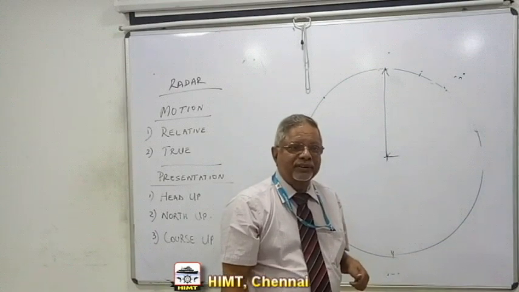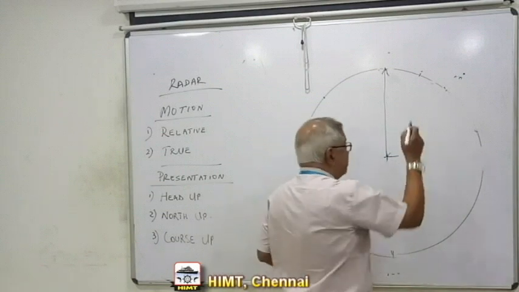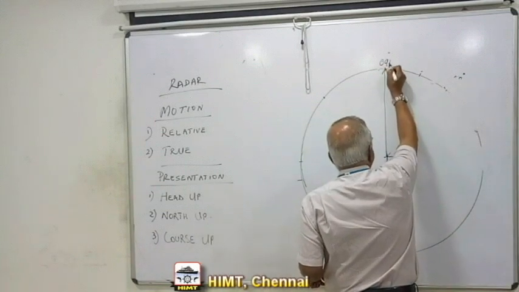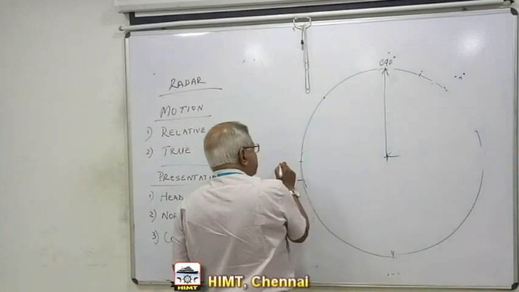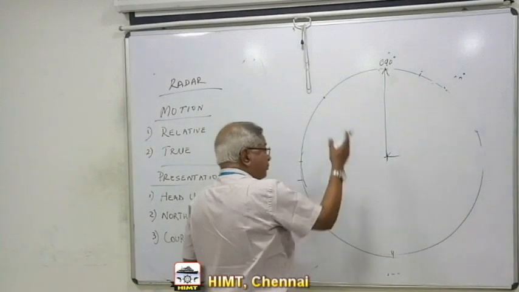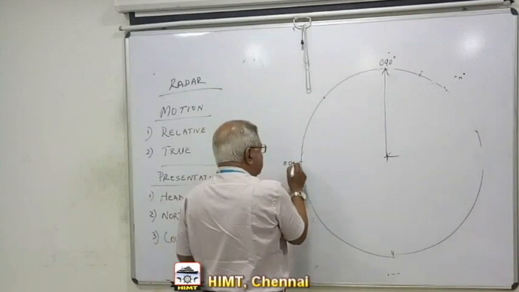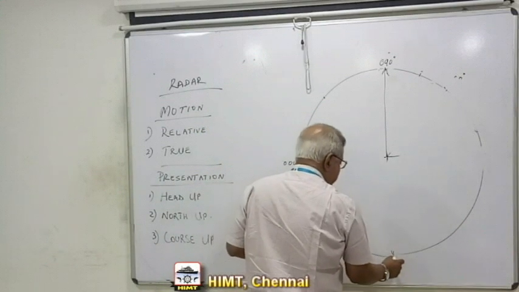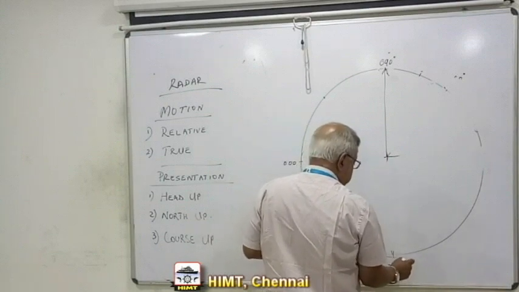Compass. The graduations are going to change, and you will have 090 on top. So I am heading 090, so this becomes 000, and this 270.